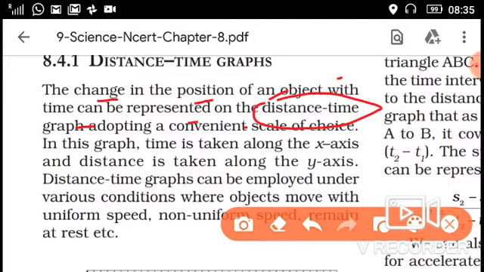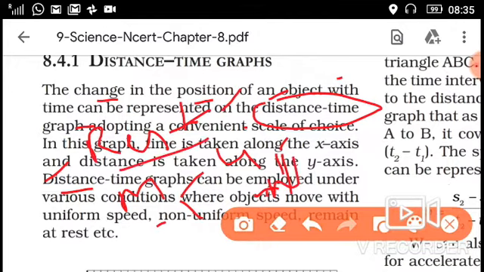There are three conditions: the object is at rest, or the object is in motion, which has two cases, uniform motion and non-uniform motion. When it is at rest, it will not change its position with respect to time.